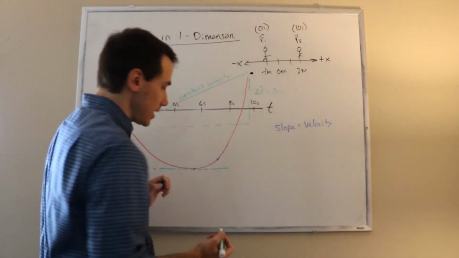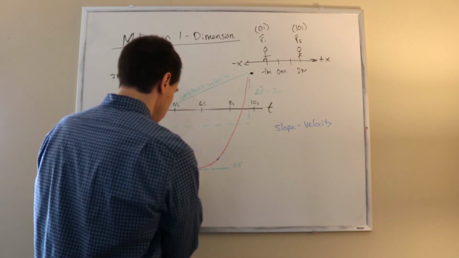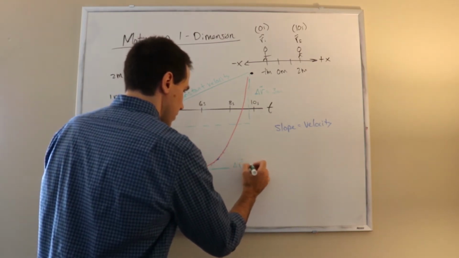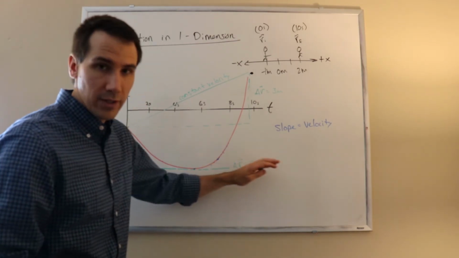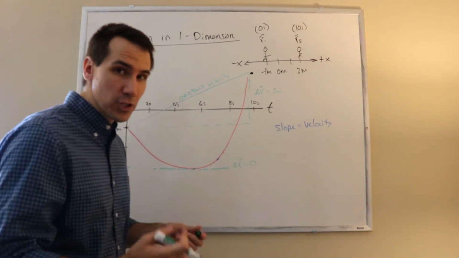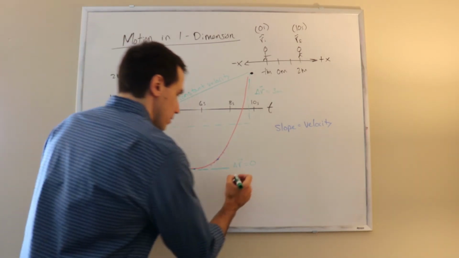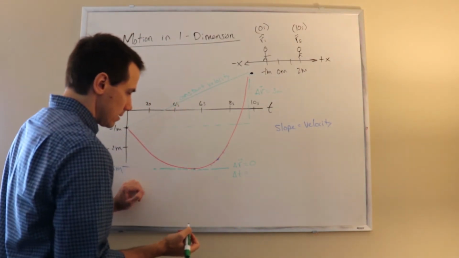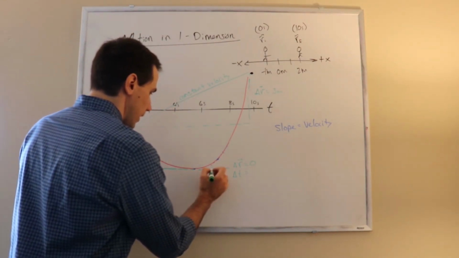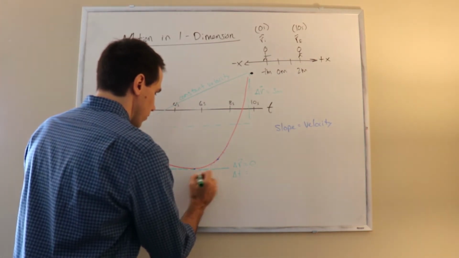This one's actually really easy because my delta R along this line is 0, right? I can move as far as I want along this green line and never change my position. Not changing. My delta t, well, I don't really care. Let's take a little 2-second window here.